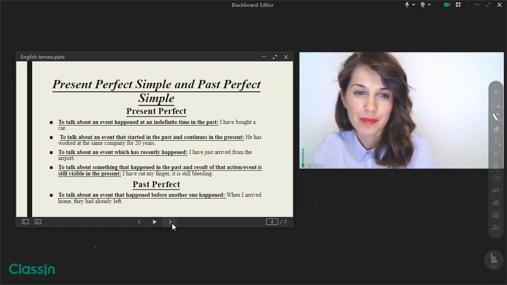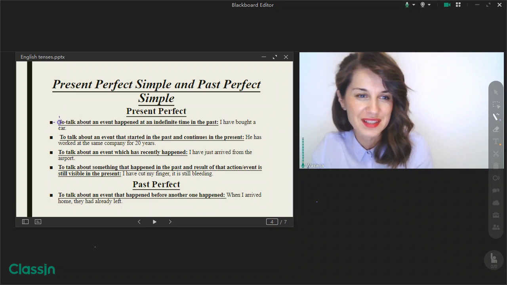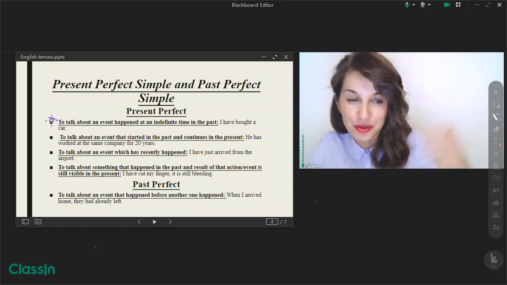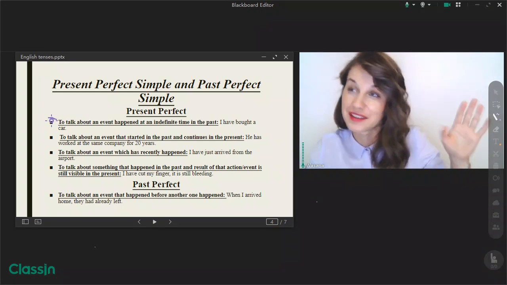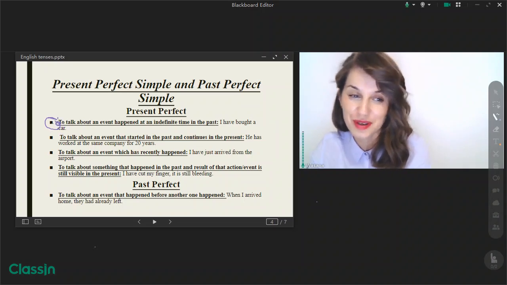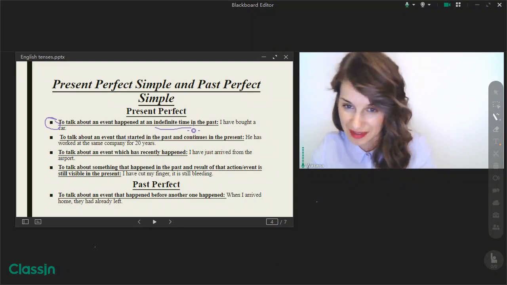Present perfect simple and past perfect simple. We will see they are, I think, simple to use, at least in my opinion, when we get used to the idea of different pasts in the English language. So let's see. Present perfect simple is used to talk about an event that happened at an indefinite time in the past.